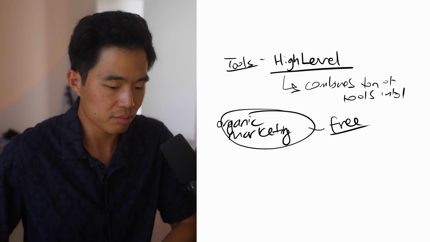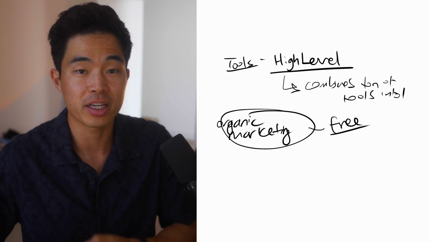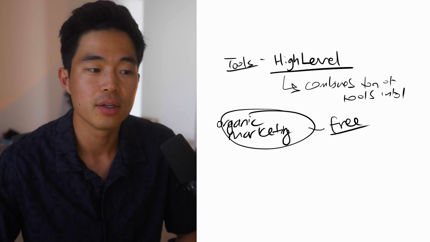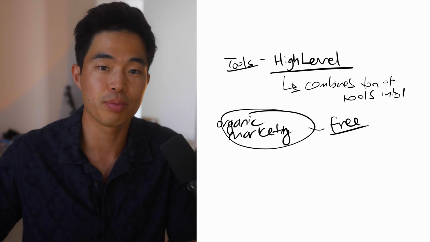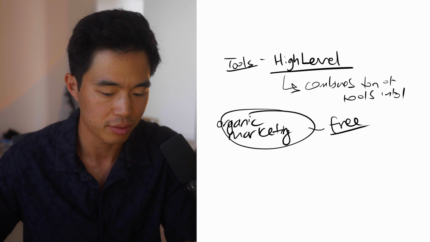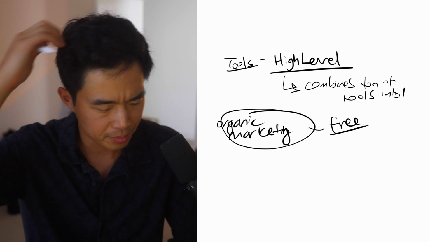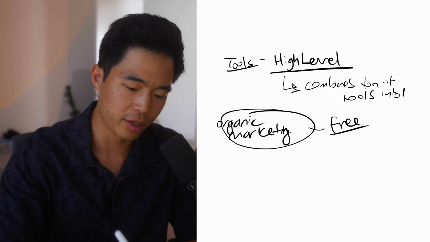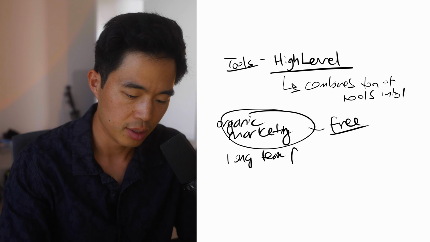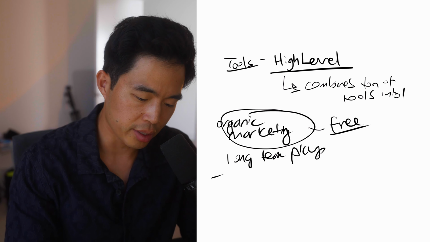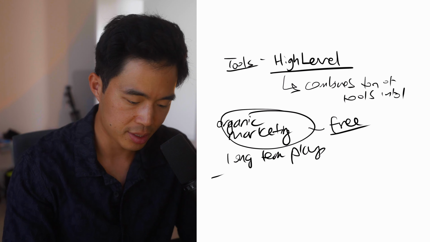And so people, they want fast results. That's why they do paid ads. You throw X dollars in, maybe you'll make X plus 20%, 50%, whatever, right? Organic marketing, though, it is such a long-term play. And so this is what you guys should be doing for your business.